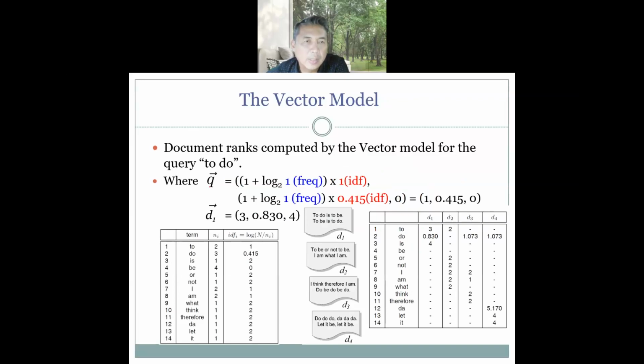For example, if your query is this one, "to do", this is the weightage for "to", and this is the weightage for "do".